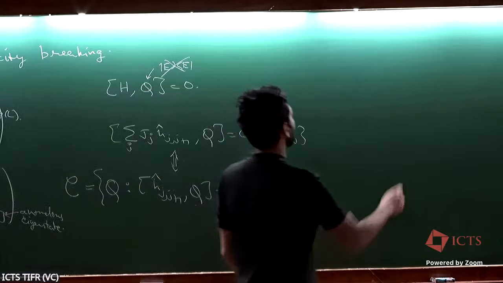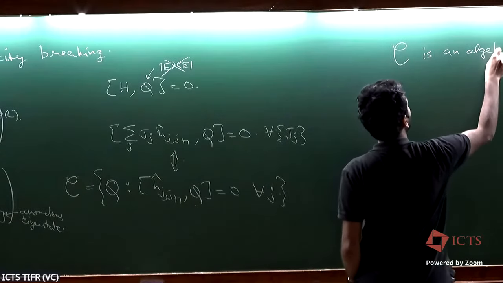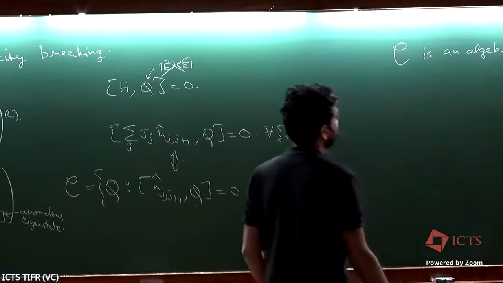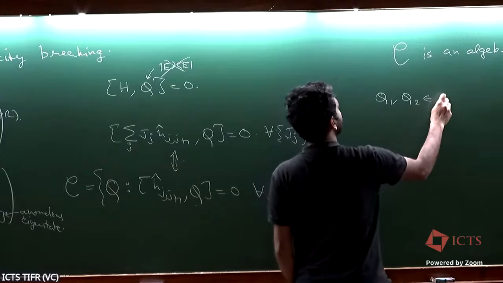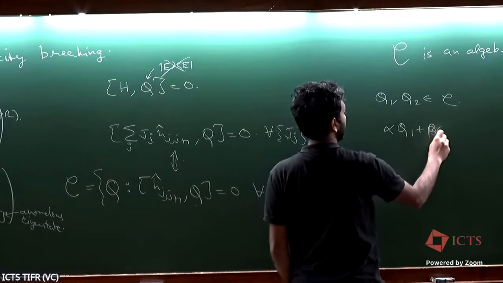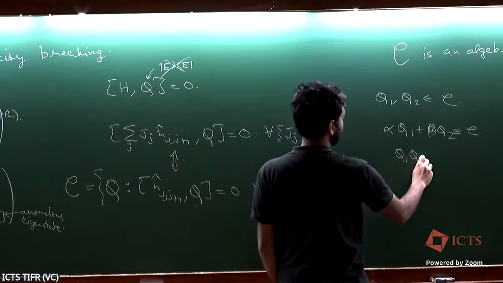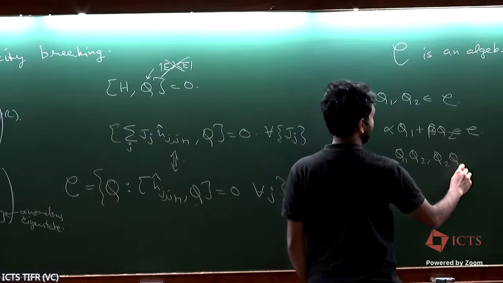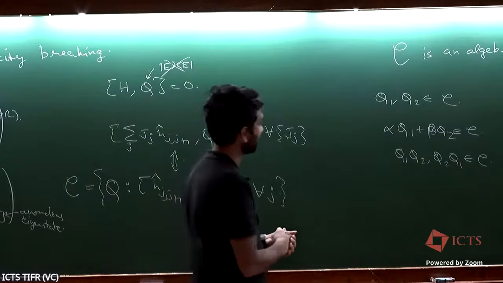This forms an algebra, which means that if I take Q1 and Q2 belonging to C, then any linear combination also belongs to C, and also products, Q1Q2 and Q2Q1. So this is closed under addition and multiplication.